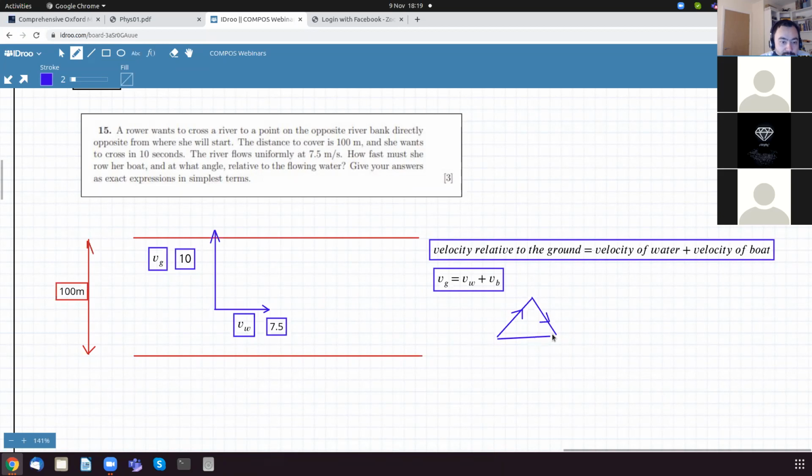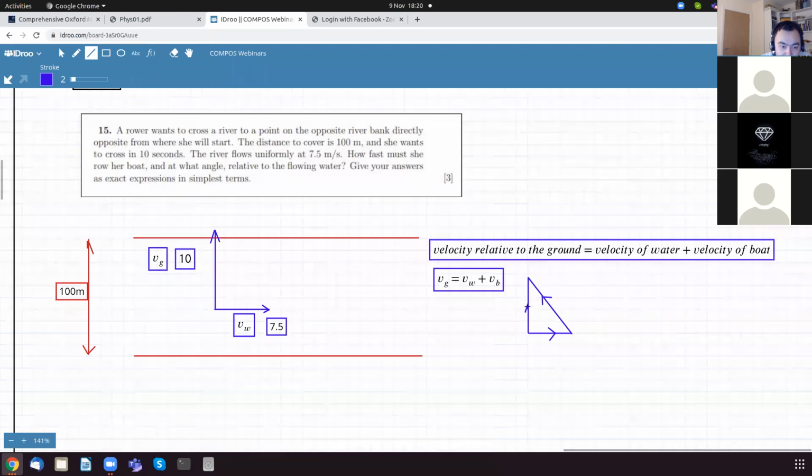Okay, I'll do it slightly more realistically. So we know that the velocity of the water is like this. And we know that the velocity relative to the ground is the total of the two. So the velocity of the boat must be going like this. And in order for the rower to row this way, this is the velocity of the water.